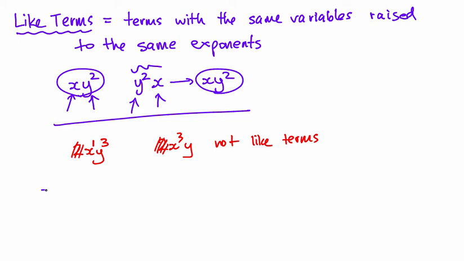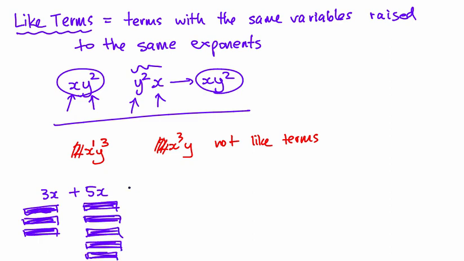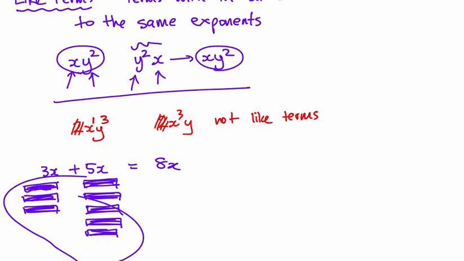So if you have 3x and you have 5x, well, you've got 3 of those bars combined with 5 of the same shape. And hopefully you can see that altogether you have 8 of those little bars. Whereas not like terms, like x squared plus an x, well, this is a big square, and this is a rectangle.